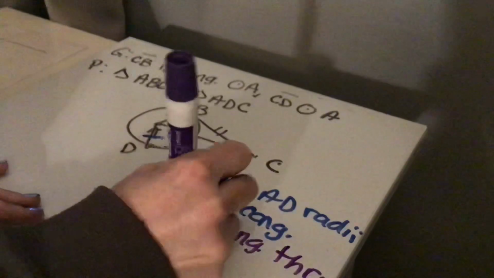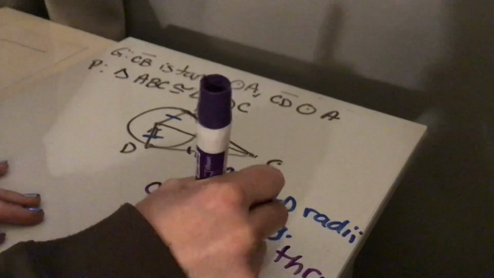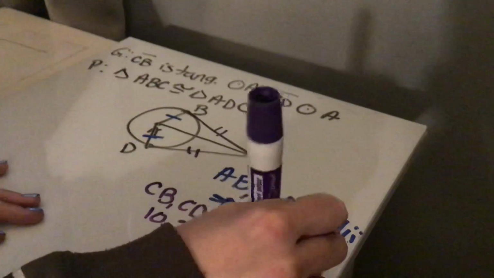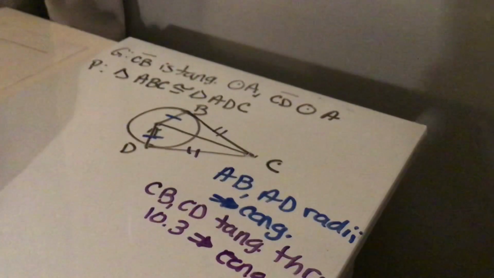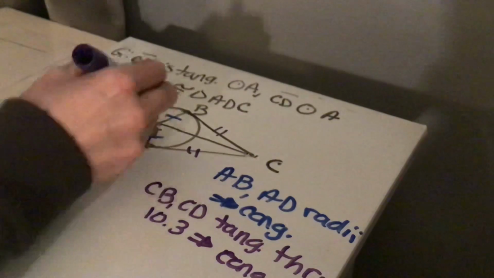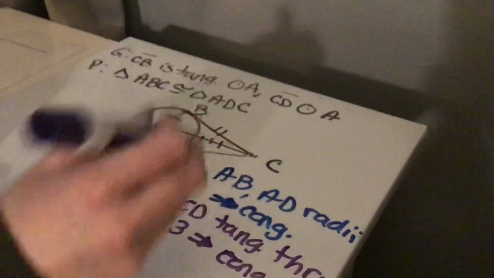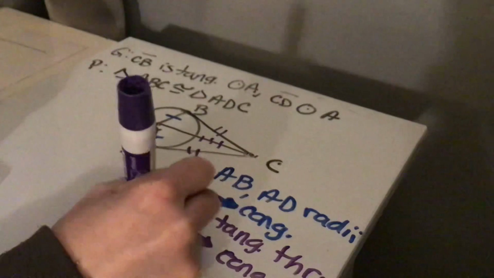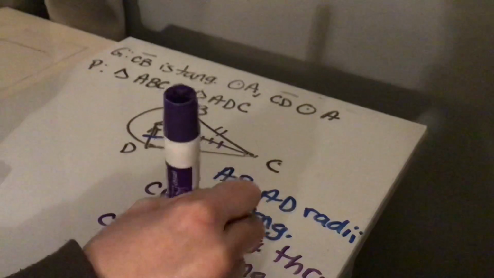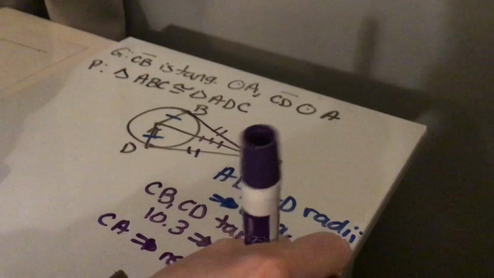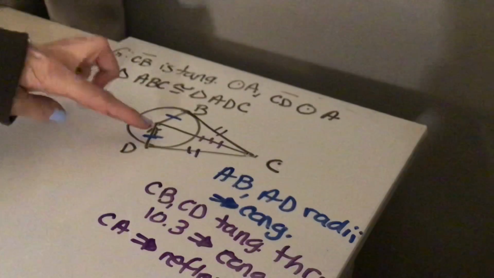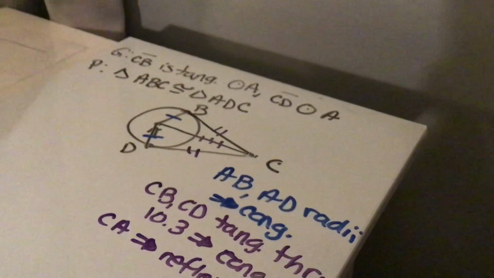That's theorem 10.3. Well, then CA is congruent to itself by the reflexive property. So side, side, side, our triangles are congruent.